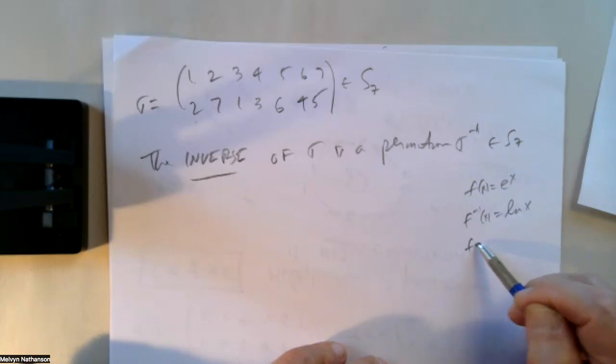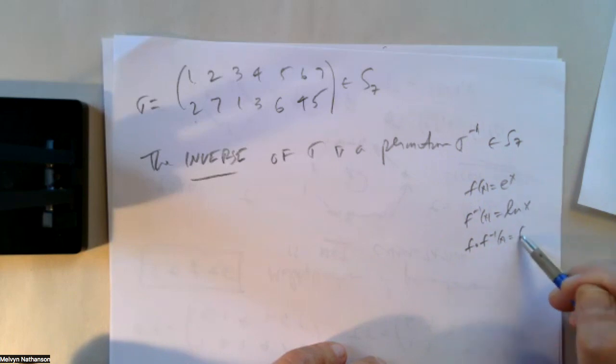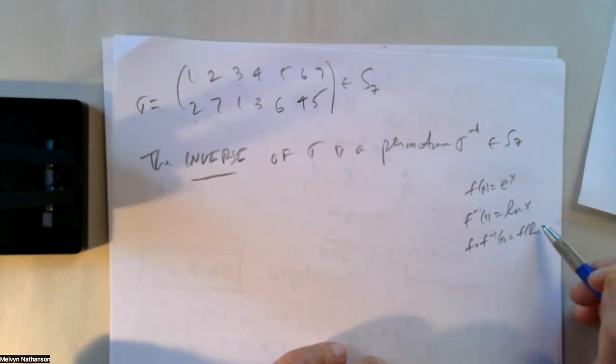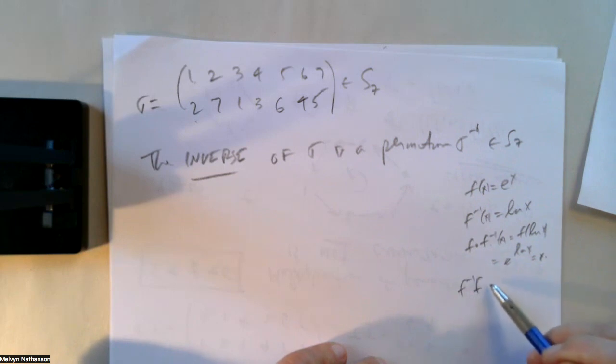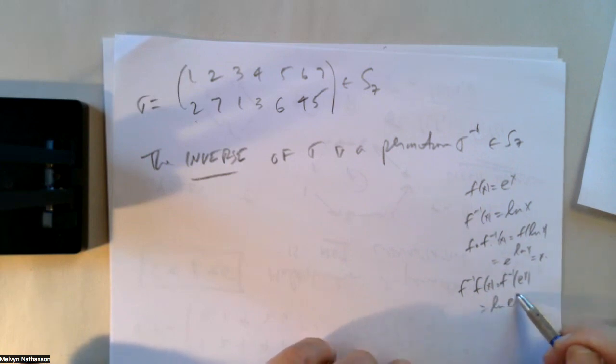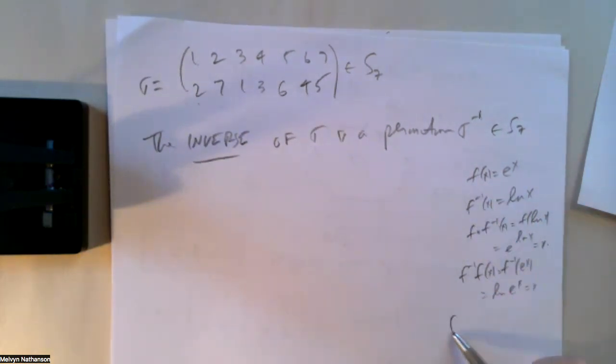Because if you took f composed with f inverse of x, this meant f of log of x, which is e to the log x, which is x, sends x back to itself. And f inverse f of x was f inverse of e to the x, which is the log of e to the x, which is x. So f composed with f inverse and f inverse composed with f, this was just the identity function, sends x to x.